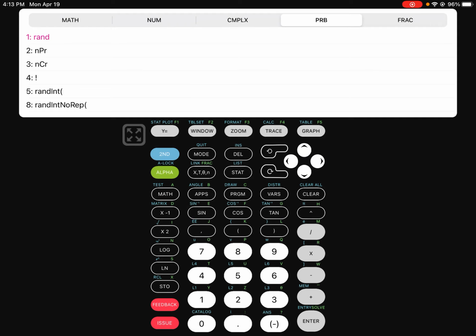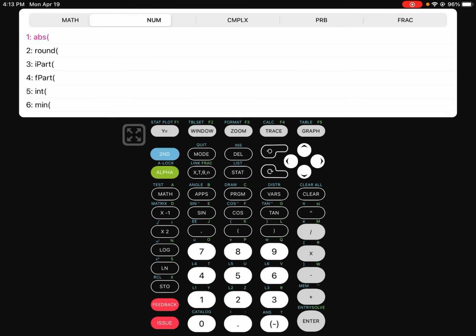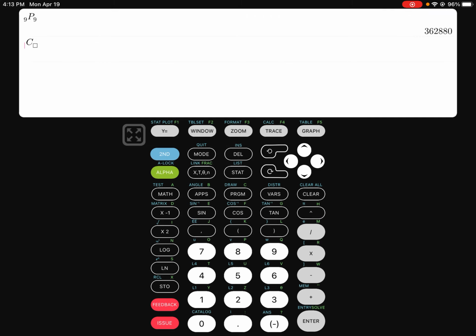The one on your notes said 9P9. So I'm going to go to the second one, and I can put in 9, and then I can go over and put in 9. And notice that will do that calculation for me. So I would know that it would be 362,880. Or again, I go to math, over to probability, down to the C for choose, and the next one on your notes is 7 choose 3, so I could put 7 choose 3.